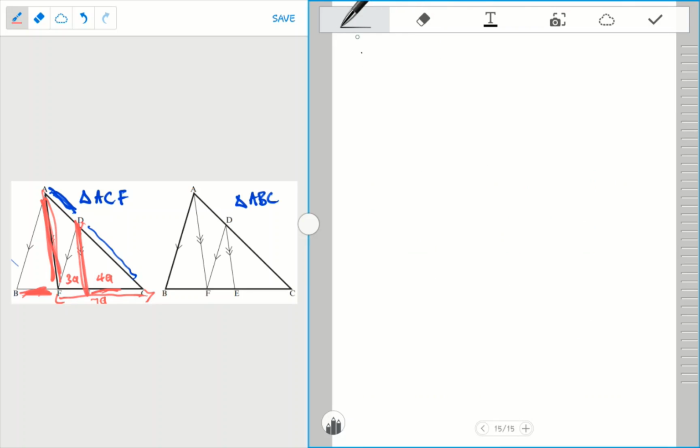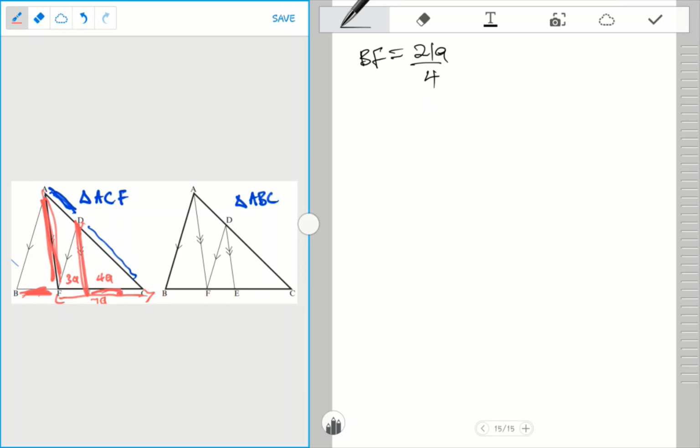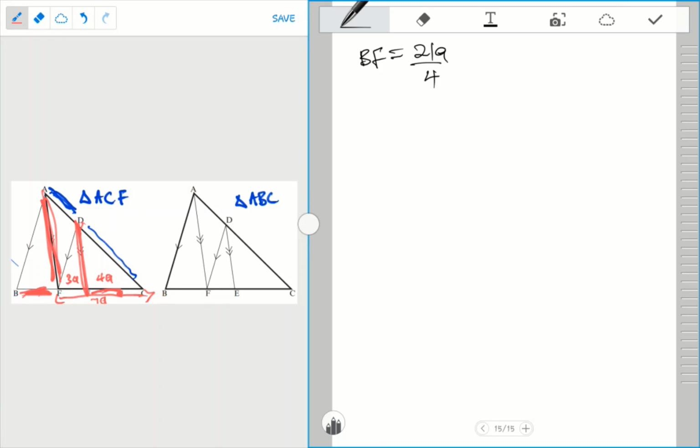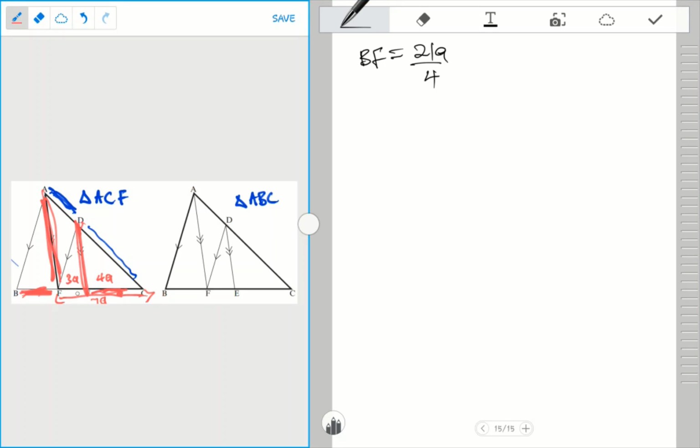We have BF is equal to 21A over 4. Okay, since now they are both combined, and we have learned about triangles having the same base before, now we have to check this base and also that one.